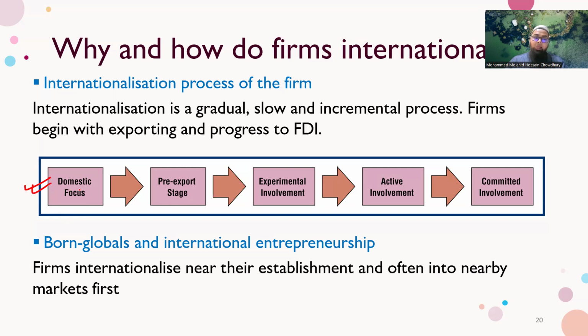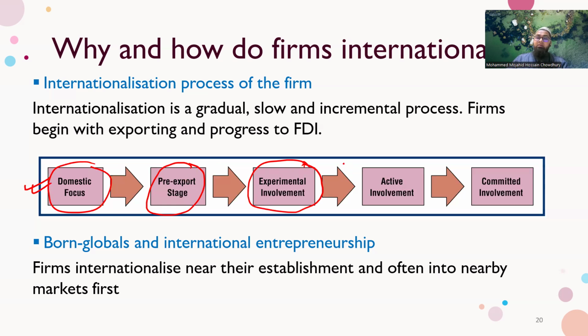And at one stage, when they get a stable position, they also get a free export stage. And based on demand from external markets, they could go for experimental involvement as an experiment. And then if they become successful or find it suitable, they go for active involvement.